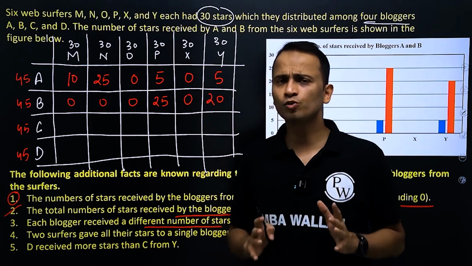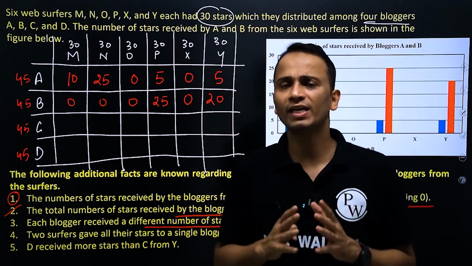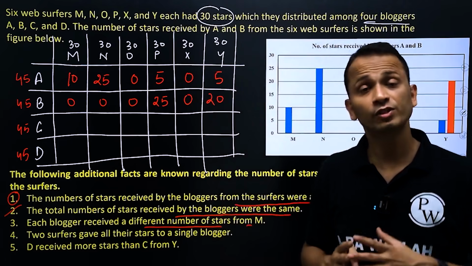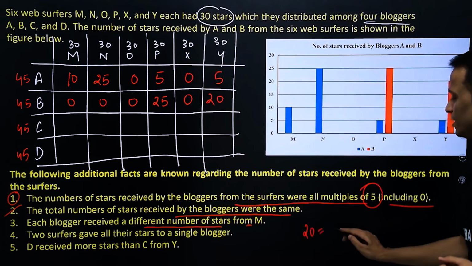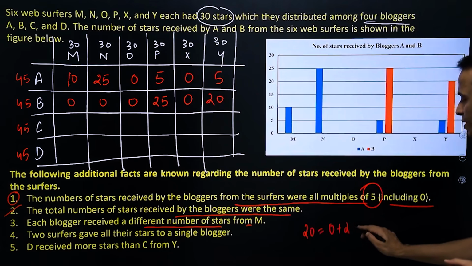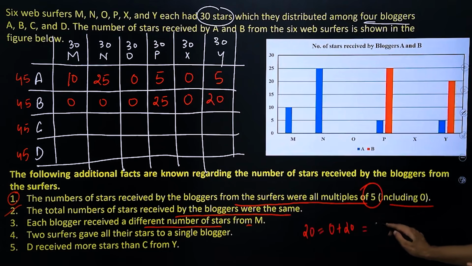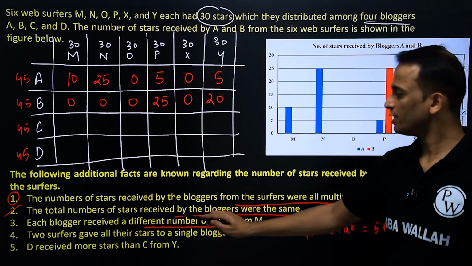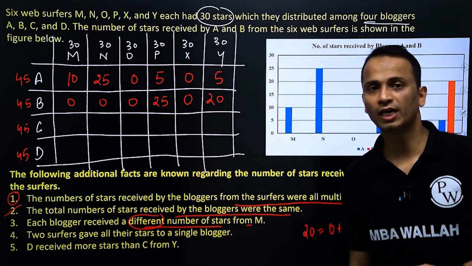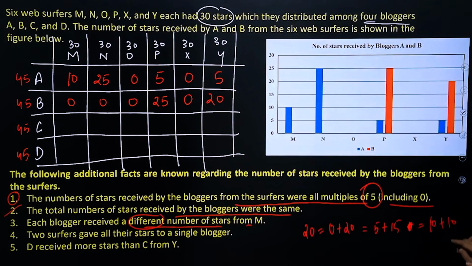If I have to write 20 as the sum of 2 numbers which are multiples of 5, it will be 20 is equal to 0 plus 20, this is one way, is equal to 5 plus 15 another way, is equal to 10 plus 10 the third way. Each blogger received different number of stars from M. So 10 plus 10, it is not possible.